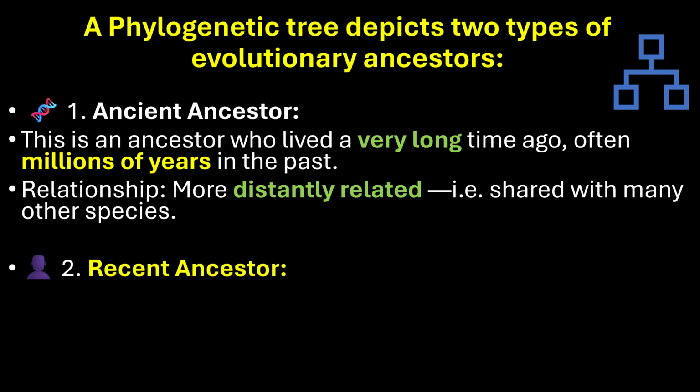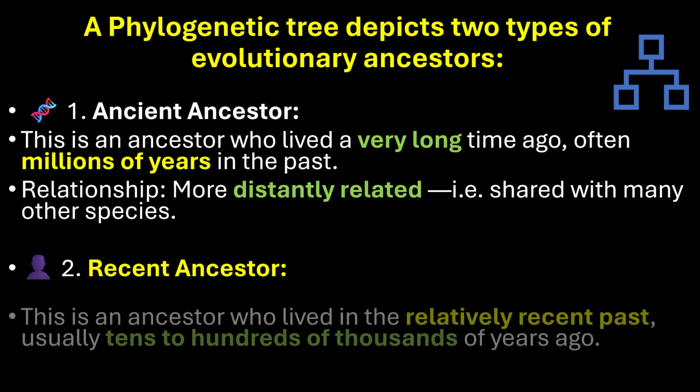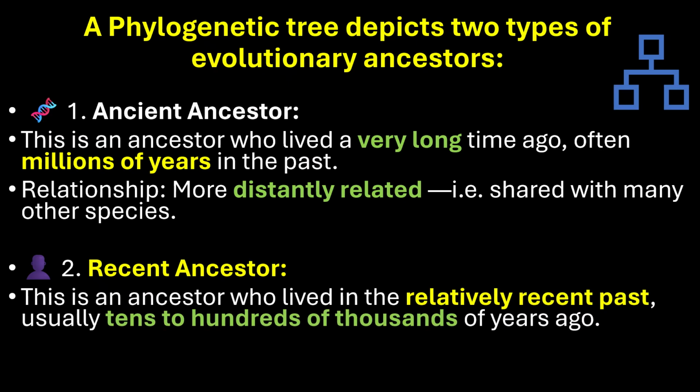The second type of evolutionary ancestor depicted mostly on a phylogenetic tree is the recent ancestor. So we have the ancient ancestor and then we have the recent ancestor. What is a recent ancestor? This is an ancestor who lived in the relatively recent past, usually tens or hundreds of thousands of years ago.